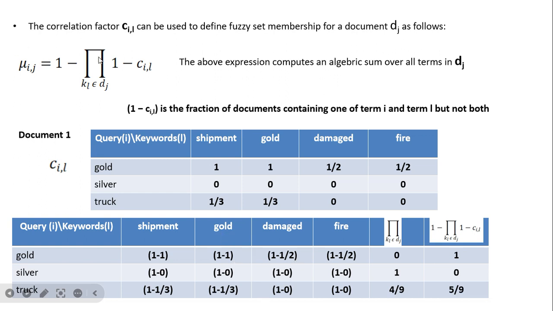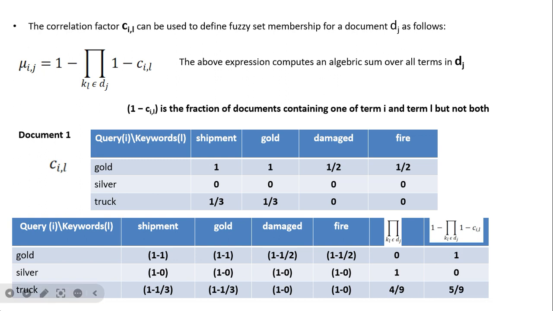The formula is the multiplication of 1 minus c_il, so we take 1 minus 1, 1 minus 1, 1 minus 1 by 2, 1 minus 1 by 2, and all 4 terms are multiplied. Since 1 minus 1 is 0, there is no need to check all the values, because the answer is going to be 0, as this is a multiplication operator.